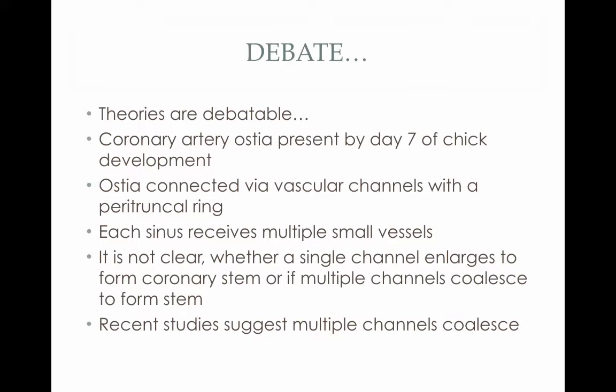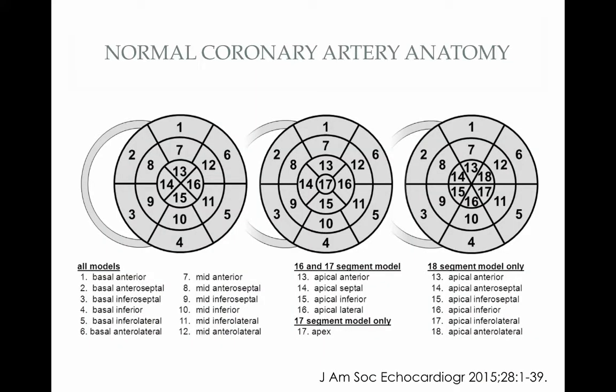Each sinus receives multiple small vessels, and it's not clear whether there's a single channel that enlarges to form the coronary stem, or if multiple channels coalesce and form a stem. Recent studies have suggested that multiple channels coalesce and form that stem or bud of the coronary artery.